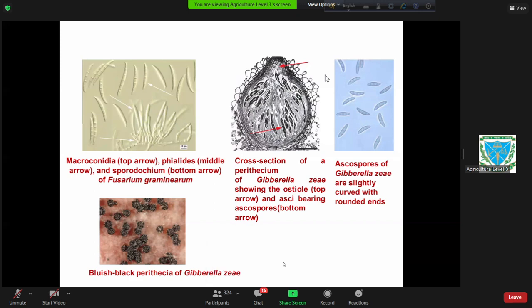In this slide, I just want to recap your memory. You see this pathogen produce macro and microconidia. You see the macroconidia, sickle-shaped macroconidia. You see, and this is the perithecia. Inside the perithecia, they produce key ascus, fruiting body. Fruiting body ভিতরে কি তৈরি করে? Ascospore.